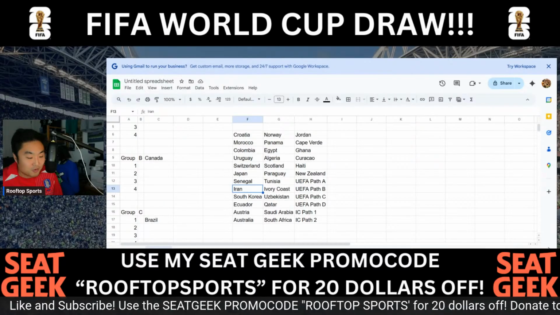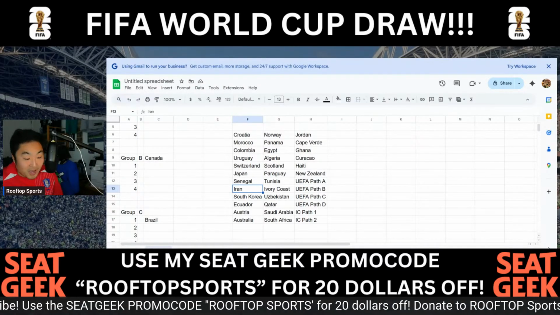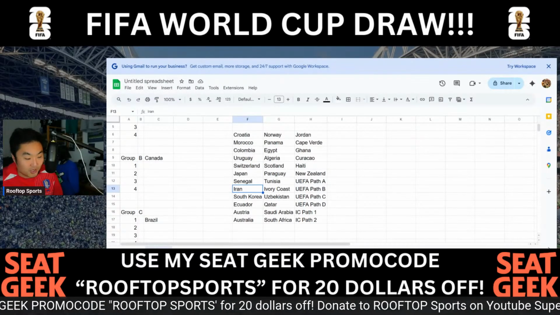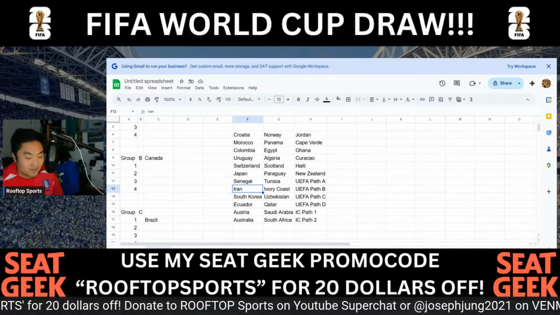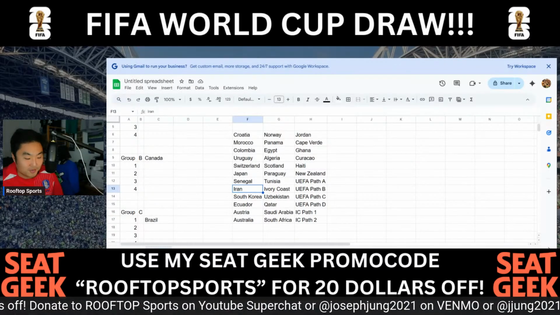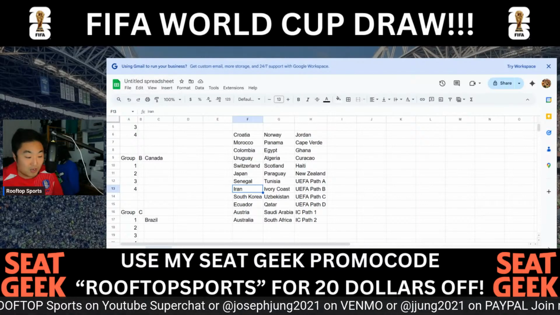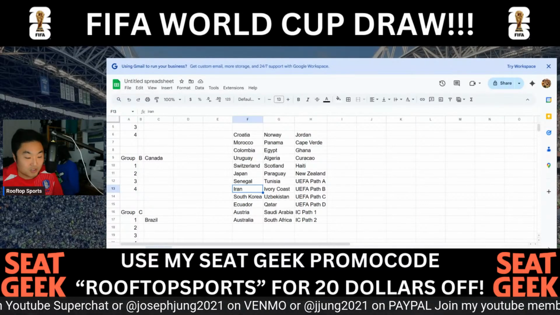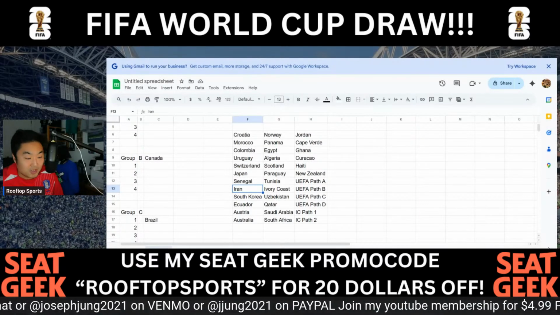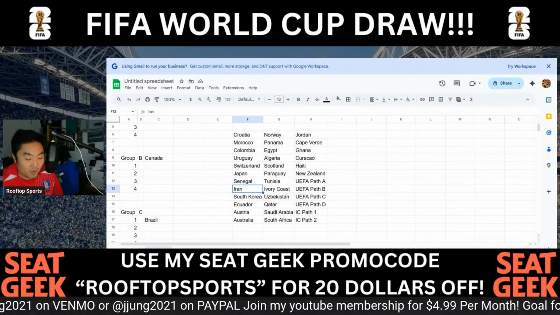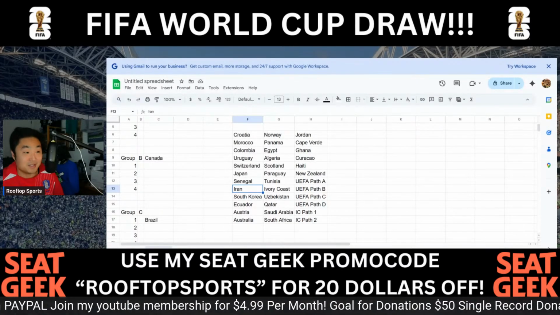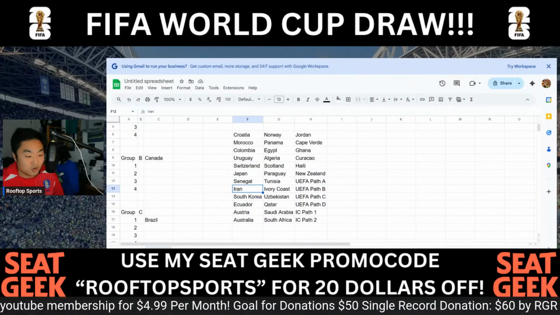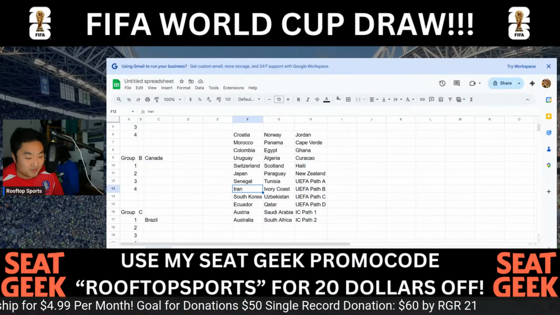Then we got South Korea, the team that I cheer for the most in World Cups, led by Lee Gang-in and Son Heung-min. Then we got Ecuador, who makes it to round of 16s before, but they didn't in 22. Then we got Austria, making it to their first World Cup since 1998. And then we got Australia.